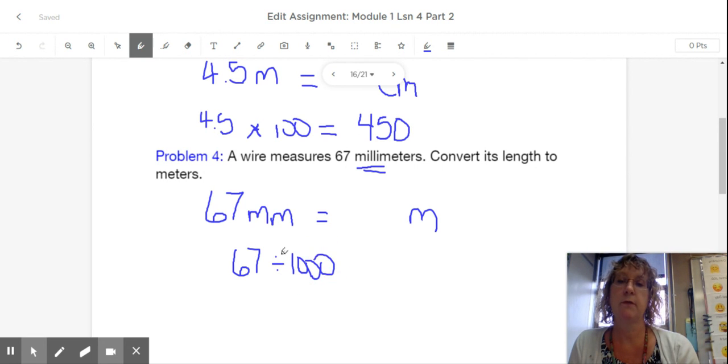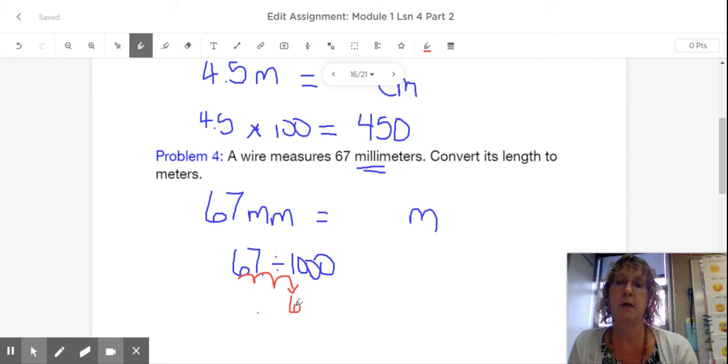3 zeros. So this 6, right? Here's our decimal. It's going to take 3 hops. Change the color of my pen so you can watch me do this a little better. Okay. So it goes to the ones place. It then goes to the tenths place. It goes to the hundredths place, right? Lands here, 6.